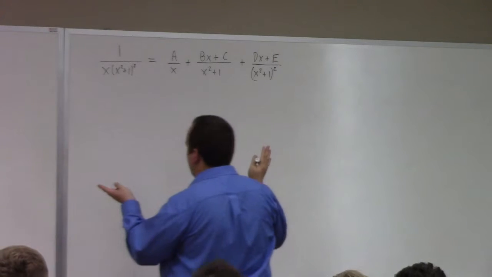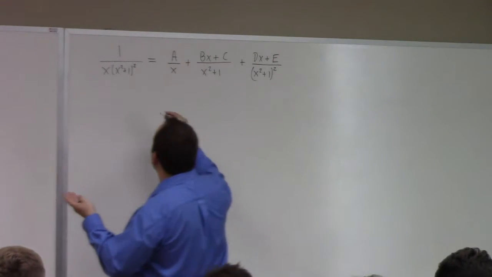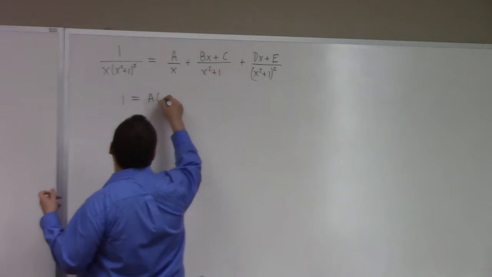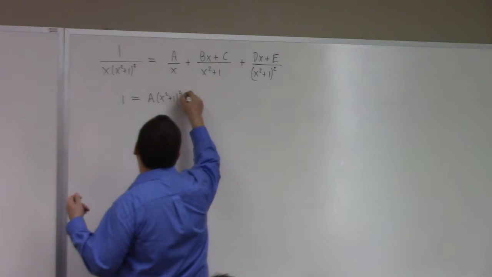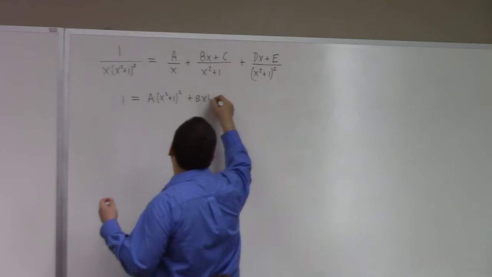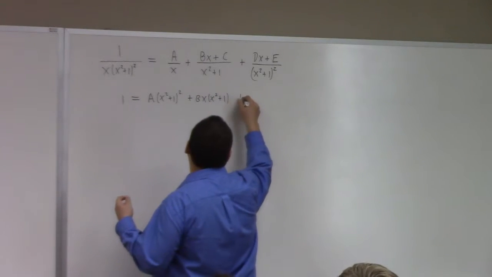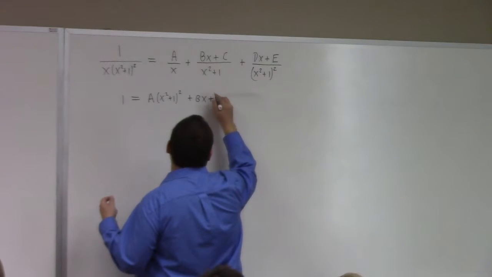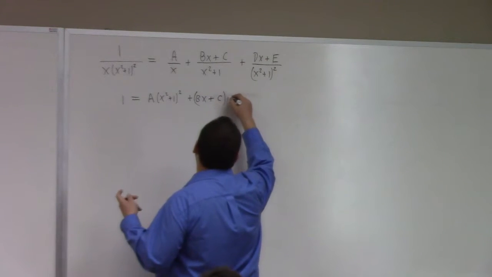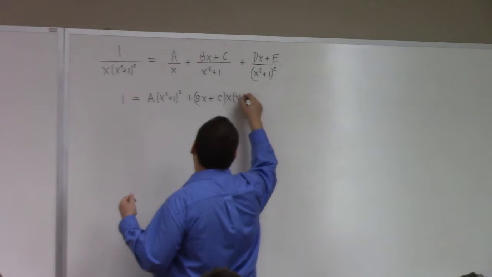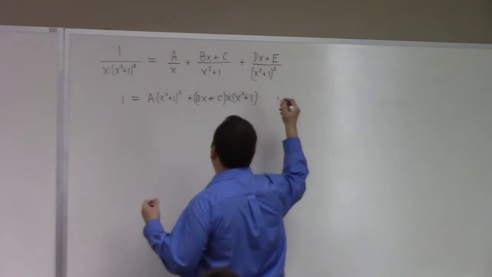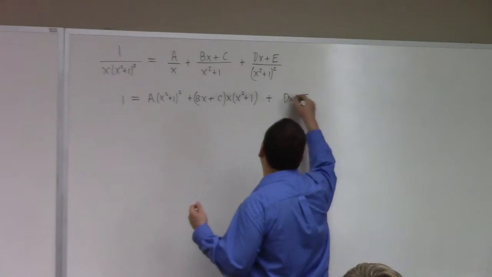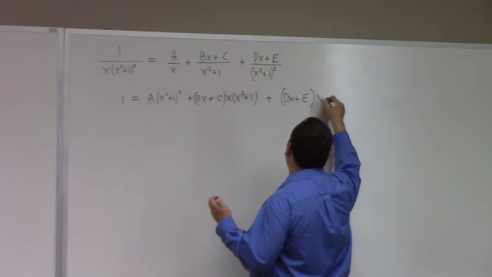So if you multiply both sides by the denominator, what do we get? We get 1 is equal to A times (x squared plus 1) squared plus (Bx plus C) times x times (x squared plus 1), plus (Dx plus E) times x.